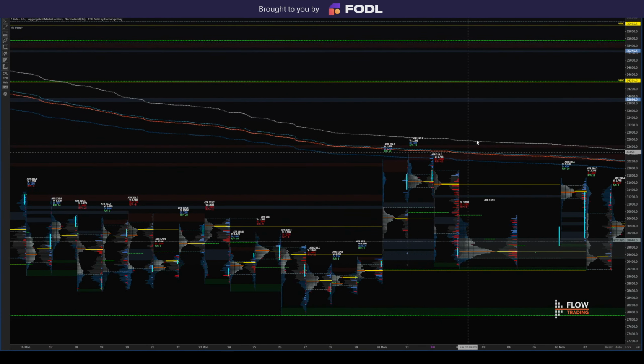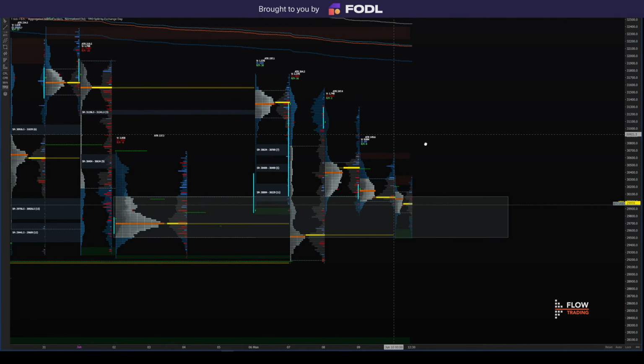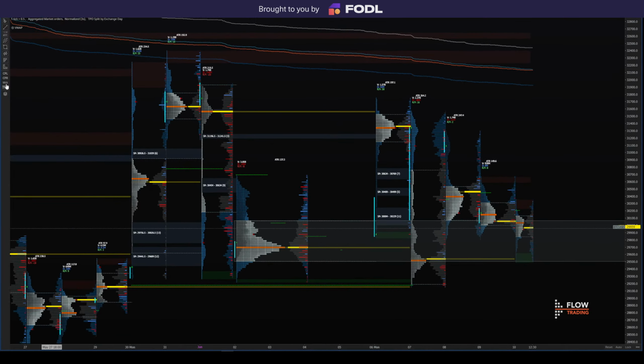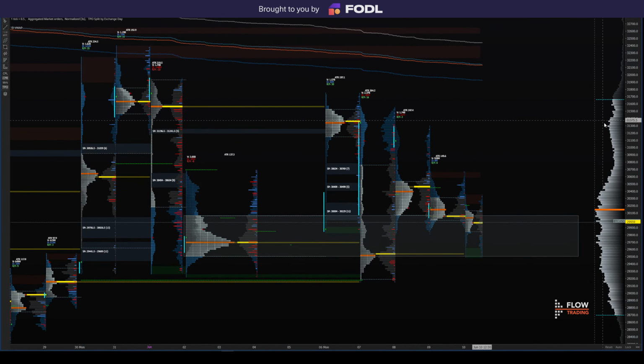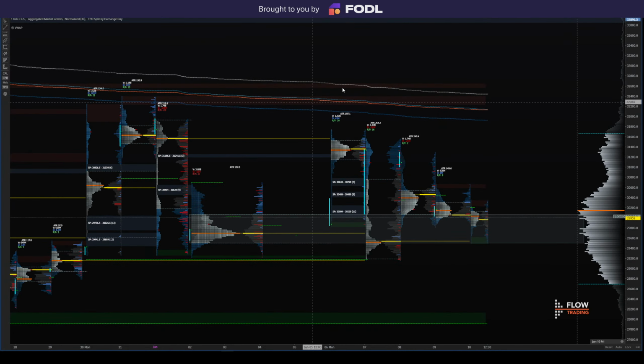And that's been acting as resistance, and so that's basically the edge, if you like, of what I'm seeing as resistance. I'll just put the volume profile there on the right as well. You can see that it's basically right on the edge of this composite of the volume profile, the combination of all of this for the last 4 months or last 3 months or whatever. So this is resistance.